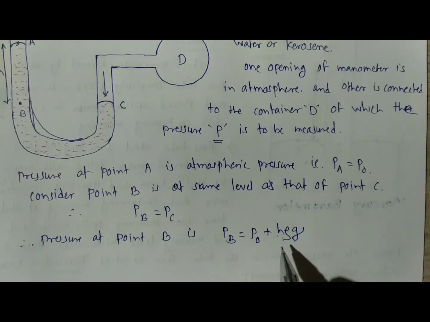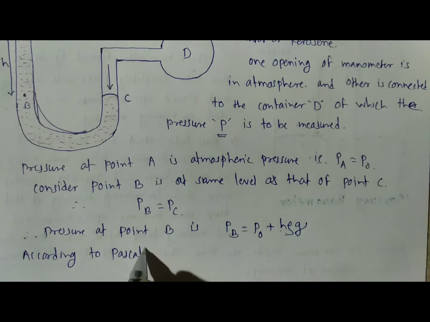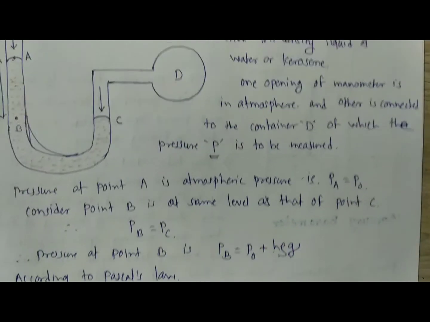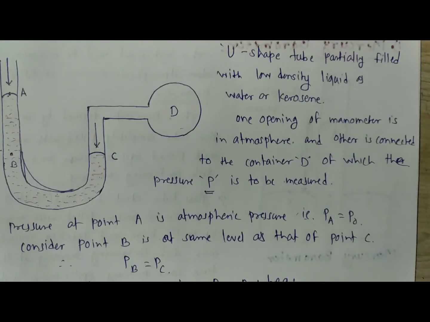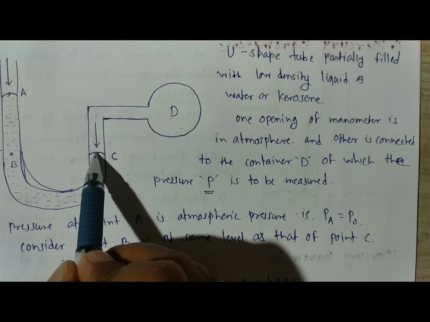But according to Pascal's law, we know that the pressure at every point in the enclosed vessel is the same, or undiminished, or equally distributed from one point to another. Therefore pressure at D is equal to pressure at C also.